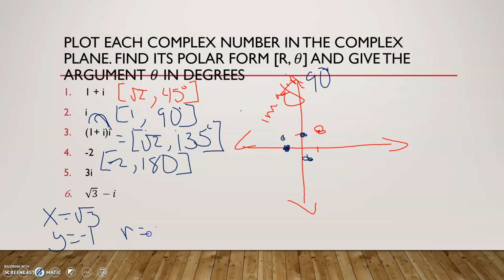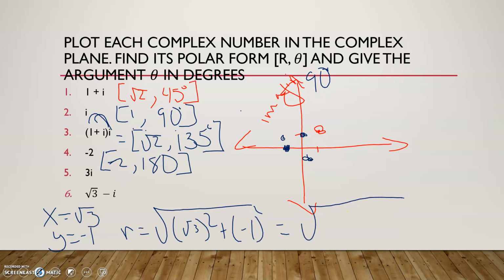So r is equal to the square root of √3 squared plus -1 squared, which is the square root of 3 plus 1, which is the square root of 4, which is 2. So r is equal to 2.